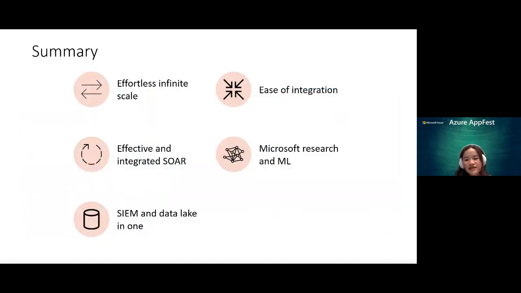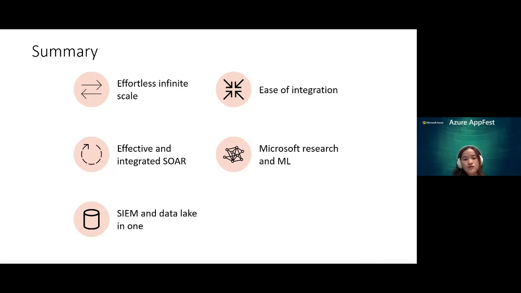Okay, so in summary, Sentinel is able to scale in an infinite manner. You don't have to worry about capacity or do sizing of hardware when you're leveraging off Sentinel. It's very different from the on-prem traditional SIEM in that sense. Integration is also quite simplified, with multiple connectors that we have for both the multi-cloud as well as the on-prem settings. None of this is an issue within Sentinel.